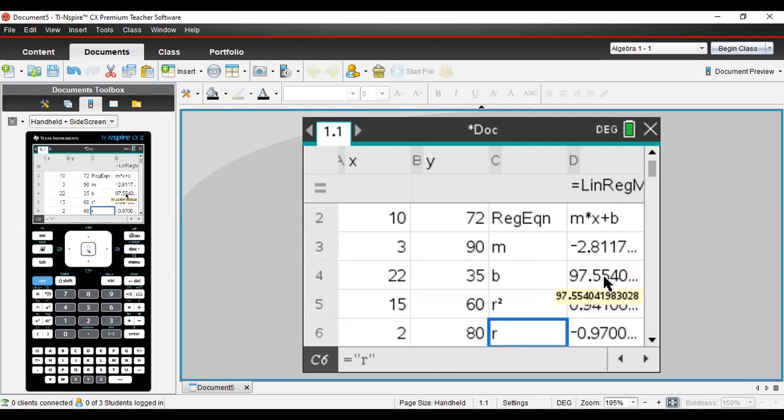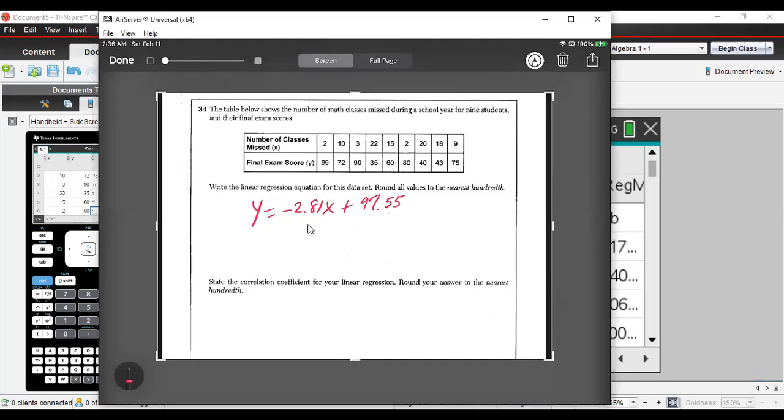So it's going to be 97 plus 0.55. If you look at my answer sheet, that's what I'm writing. That's the equation, in the y equals mx plus b format. We got the m right here, and the b right here, and we rounded to 2 decimal places. So that's good.